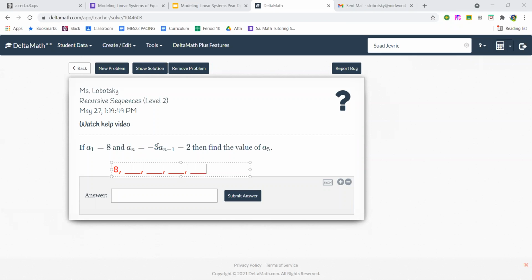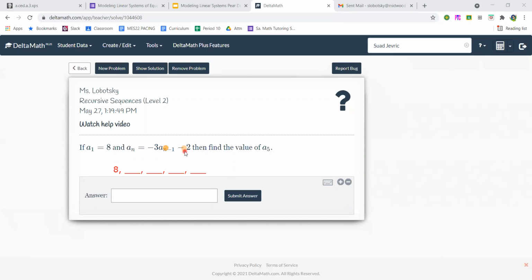And now what am I doing? So my previous term is being multiplied by -3, and then I'm subtracting 2. So let's do it. 8, our first term, times -3 is -24 minus 2.